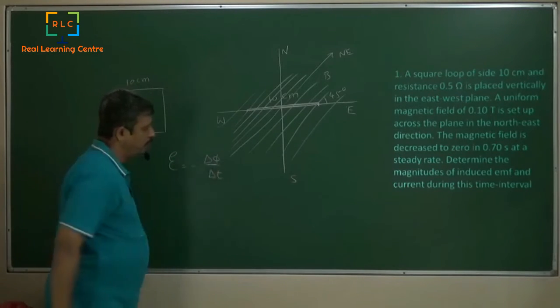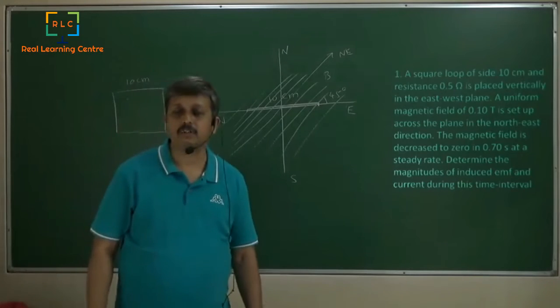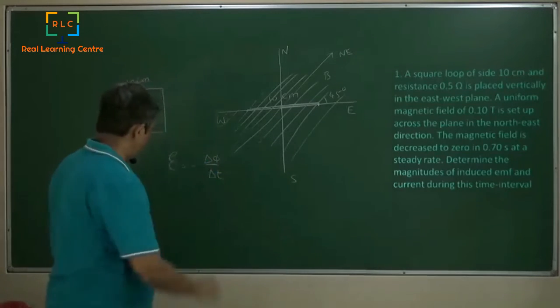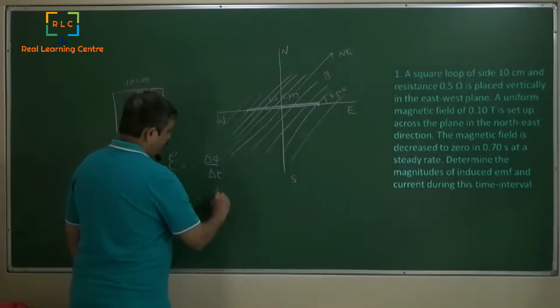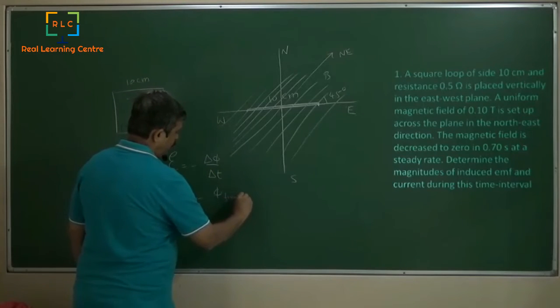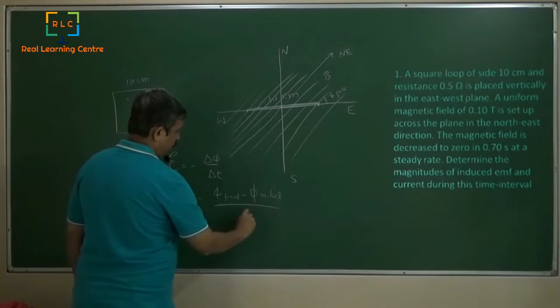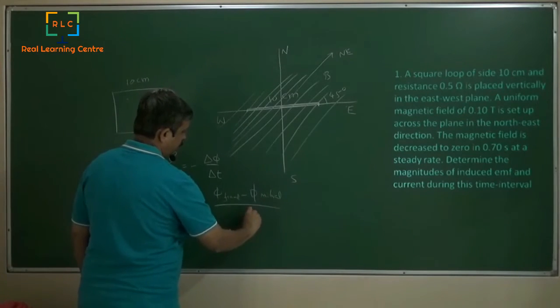If we know delta phi and delta t, we can calculate. Delta phi by delta t is phi final minus phi initial divided by delta t, the time taken.